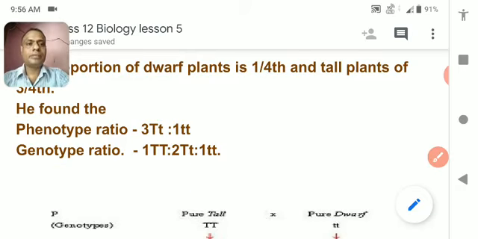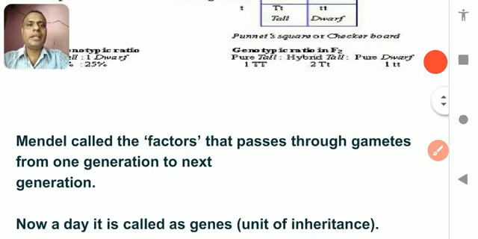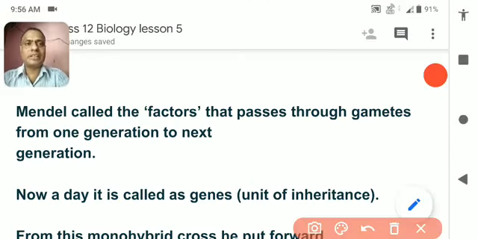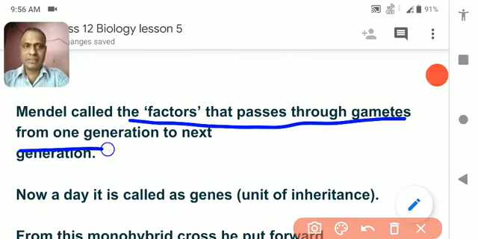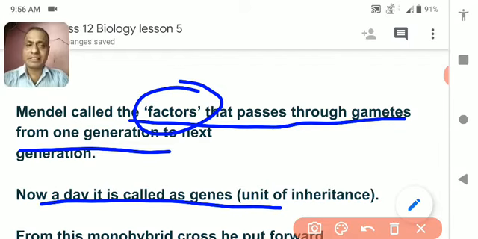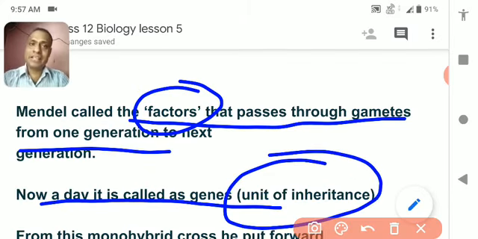In this way he concluded that the character is passed from one generation to another by a certain factor. Mendel called the factor that passes through the gamete from one generation to the next, and nowadays these factors are called genes, and genes are also called the unit of inheritance.